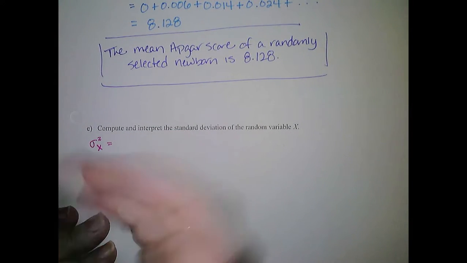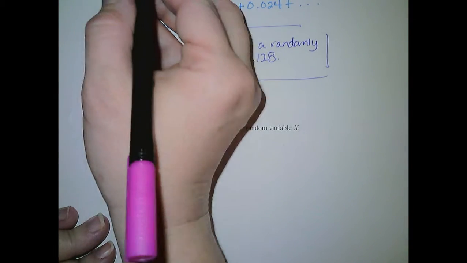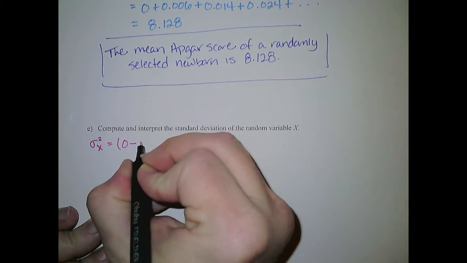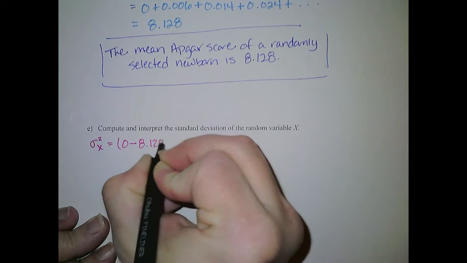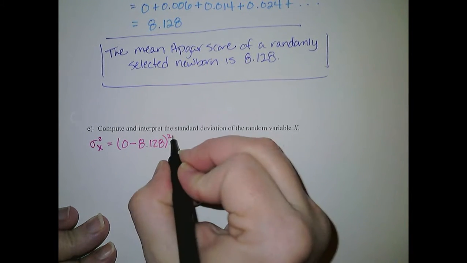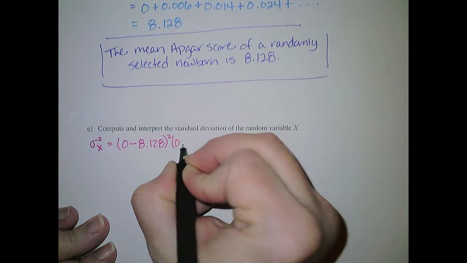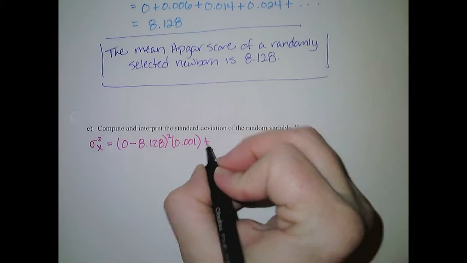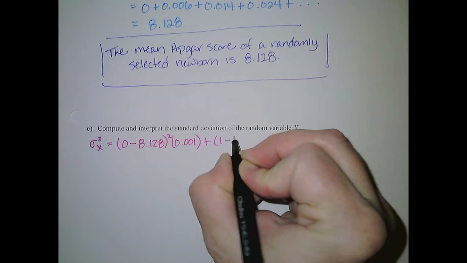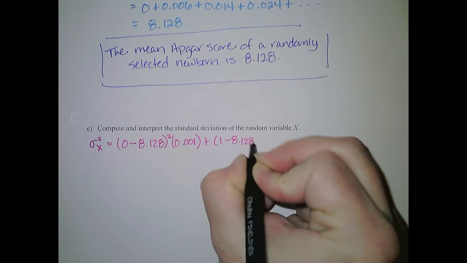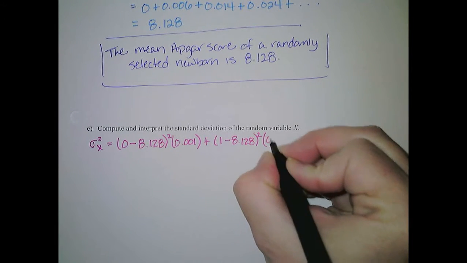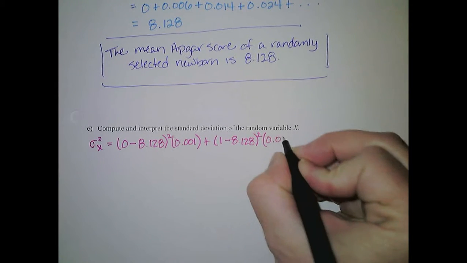So our deviation for a score of 0 would be 0 minus the mean, 8.128 squared, times its probability, 0.001. Then our next squared deviation would be 1 minus the mean, 8.128 squared, times the probability of having a score of 1, which is 0.006.